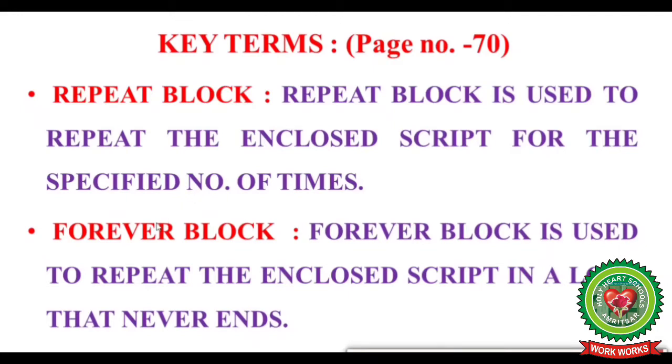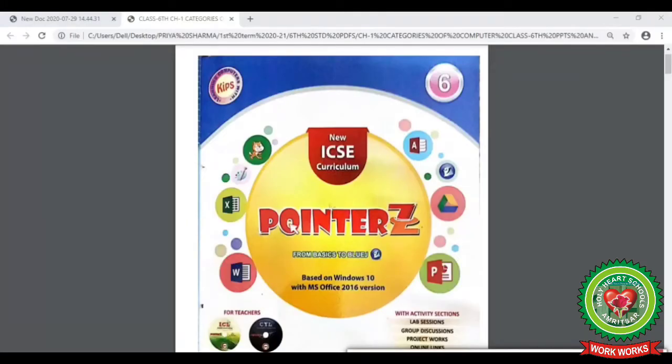The next term is the forever block, where forever block is used to repeat the enclosed script in a loop that never ends. Means if you want your sprite to repeat the actions for a long time, then we will use forever block.